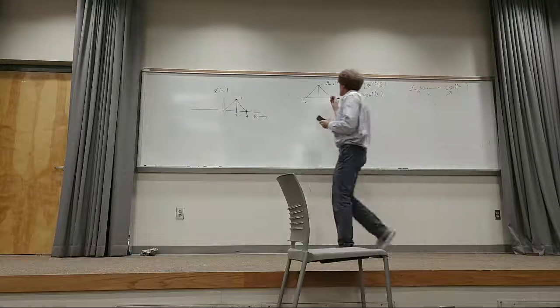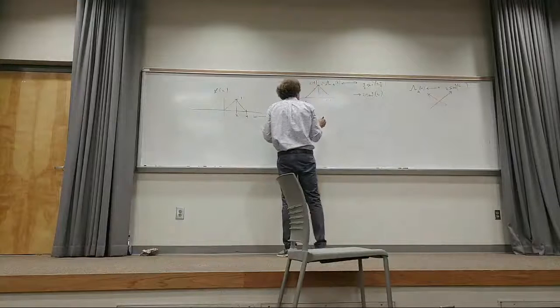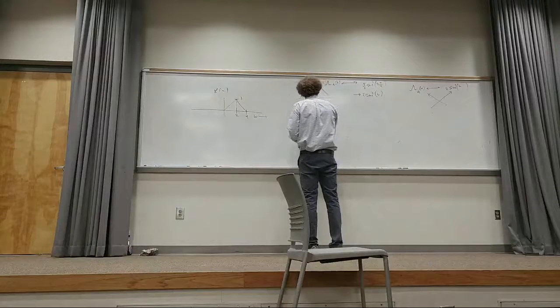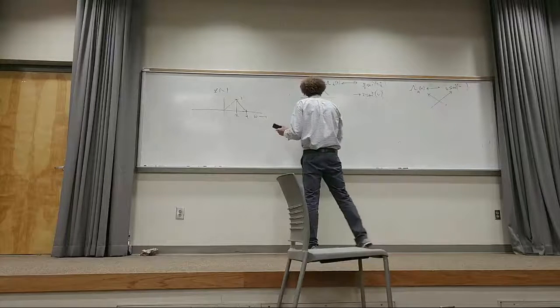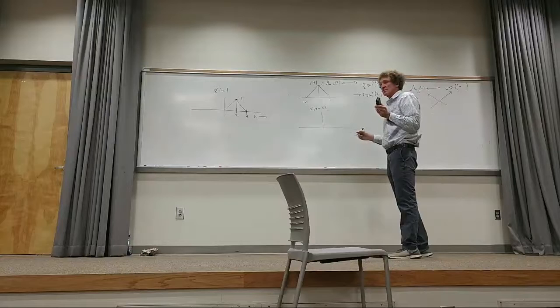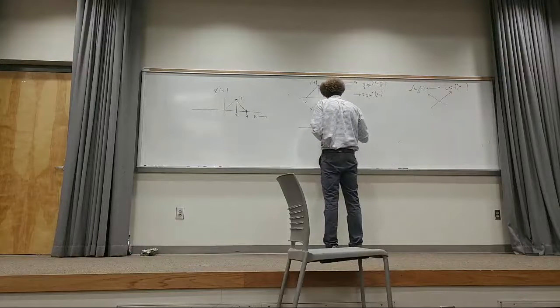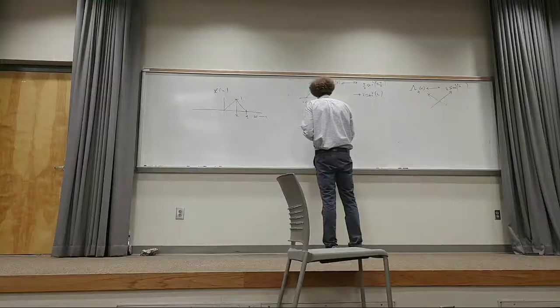Now that's like x of t. Now what happens if I have x of t minus 2? What does the functional form look like? If that's x of t, what's x of t minus 2 look like? Shifted and centered at 2. So the whole thing shifts. Still height of 1, right?